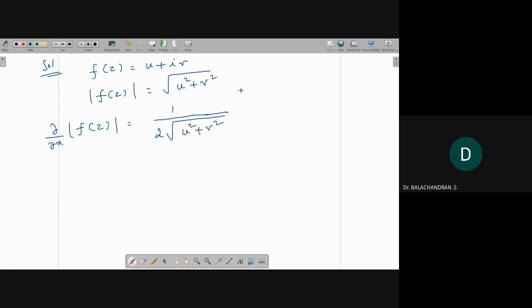If you differentiate u square plus v square, you get 2u into ux plus 2v into vx. If you take 2 common and cancel out, you get ux plus vvx divided by root of u square plus v square.